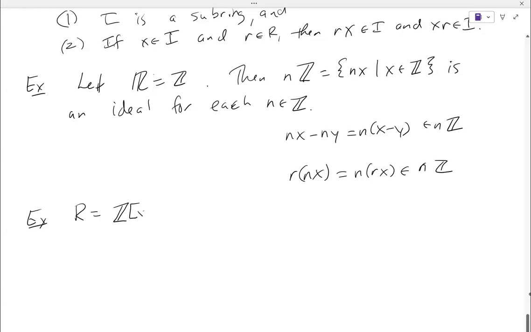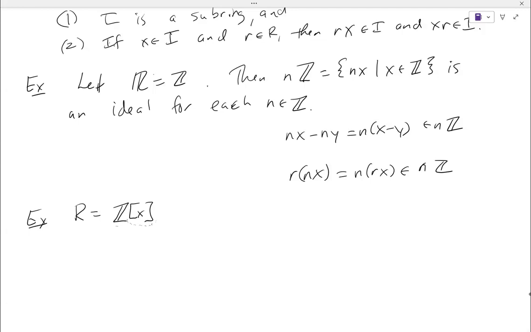What does that notation mean again? Z of X. So this piece right here tells us that that's the thing we're going to use for our variable, and we're going to make polynomials.